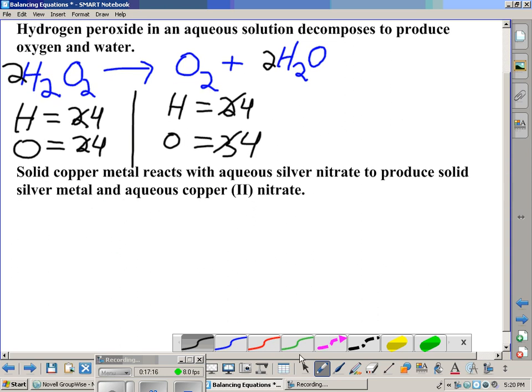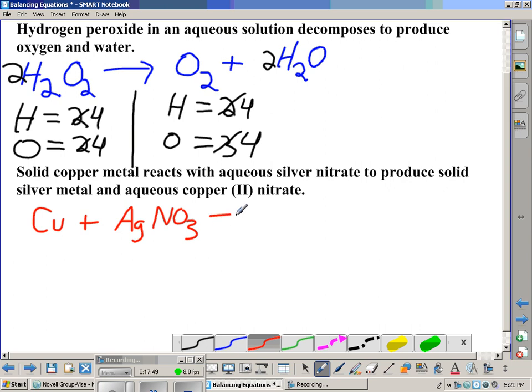Solid copper metal, Cu, reacts with, so plus, aqueous silver nitrate. Silver is Ag. Silver has a charge of +1. Nitrate, NO3, has a charge of -1, so we only need 1 of each of these to produce.